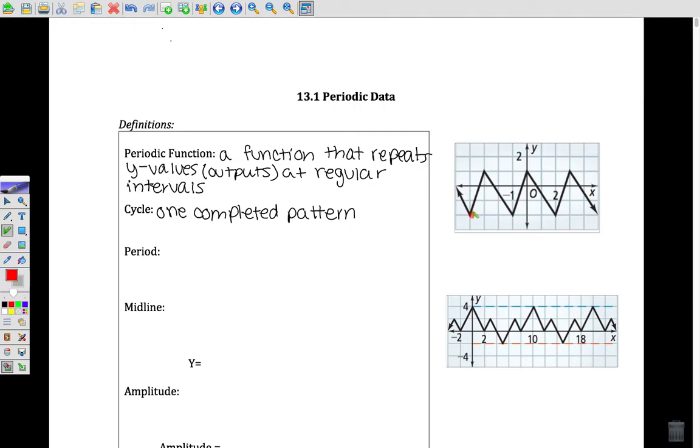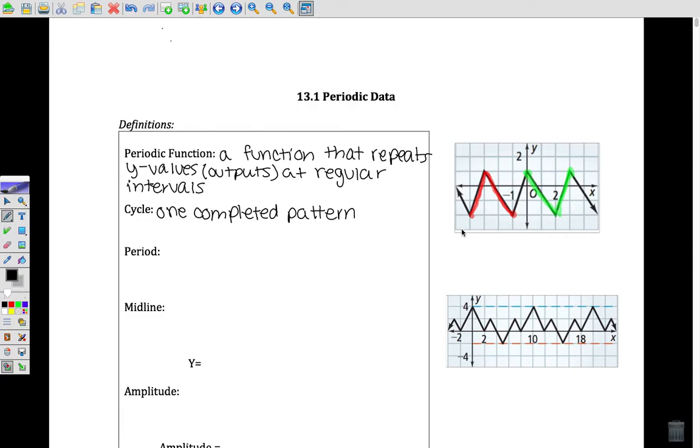If I started at this point, we have all these y values, they drop back down. That would be considered one cycle. It covers all of the different y values this graph is going to keep repeating. The cycle didn't have to start there. It could have started at this point and gone down and back up to the same y value.